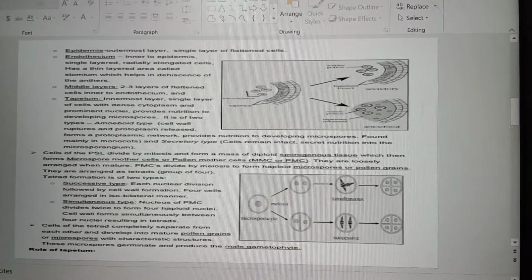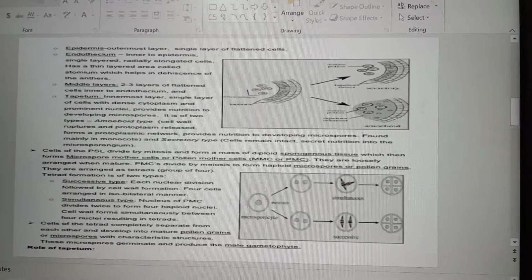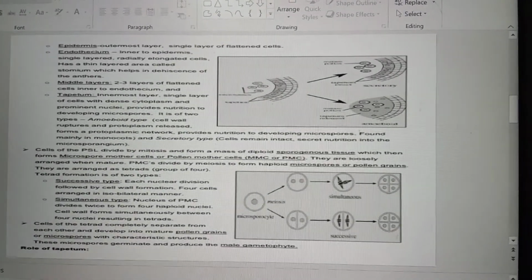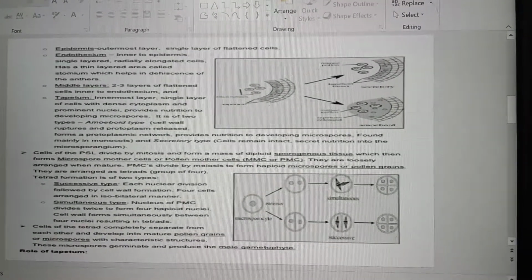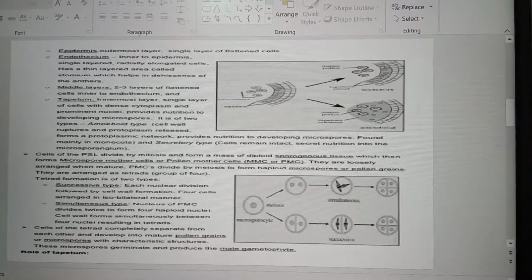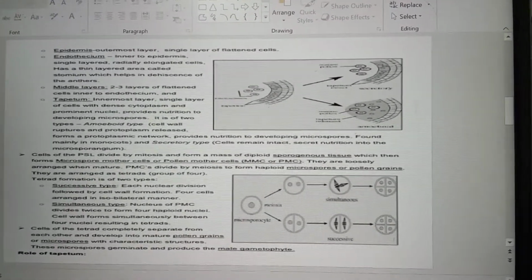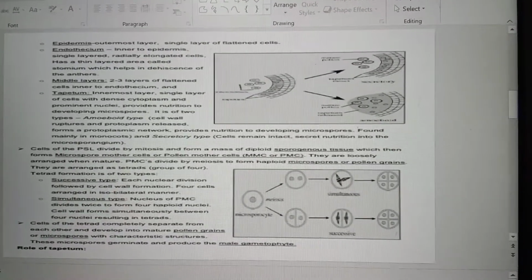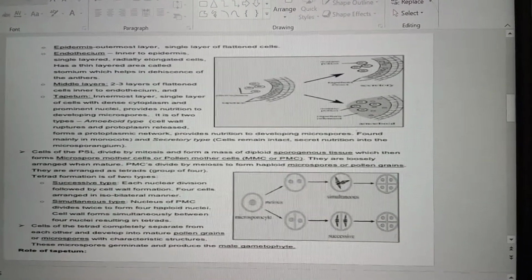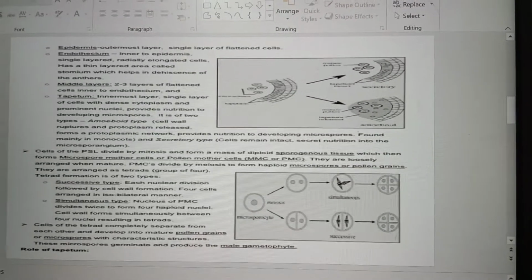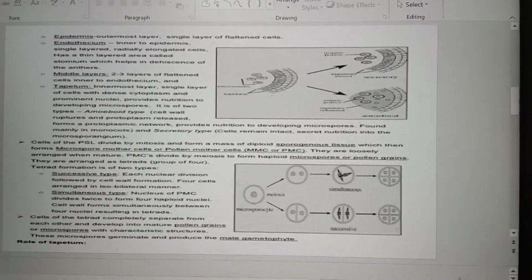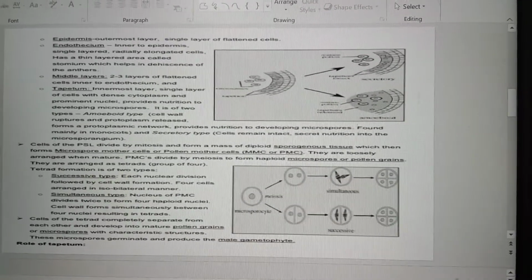So there is a difference between successive and simultaneous: in successive, each nuclear division is followed by a wall, but in simultaneous, four nuclei are formed, and afterwards the wall is laid down. Then the cells of the tetrads completely separate from each other and develop into a mature pollen grain or microspore with characteristic structures.